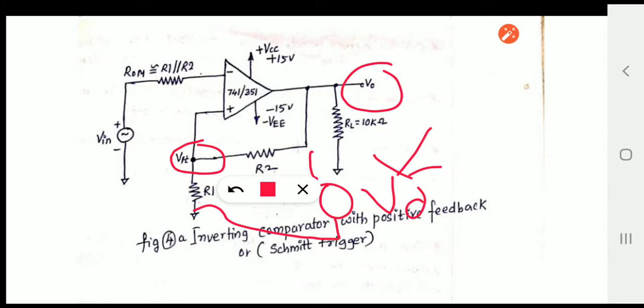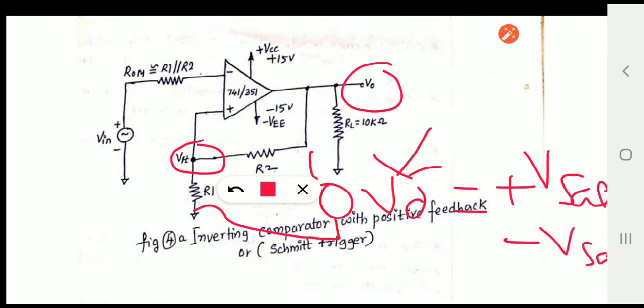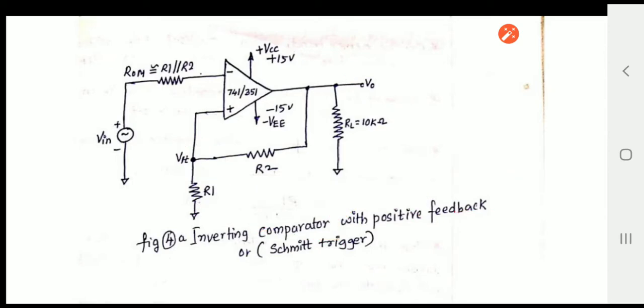And another important thing, here V0 may be plus V saturation or minus V saturation. Okay, so here plus and minus V saturation depends on the Vin voltage. So now using this voltage divider circuit, we can get VUT and VLT. Both VUT and VLT are used as the reference voltages to change the output voltage V0.